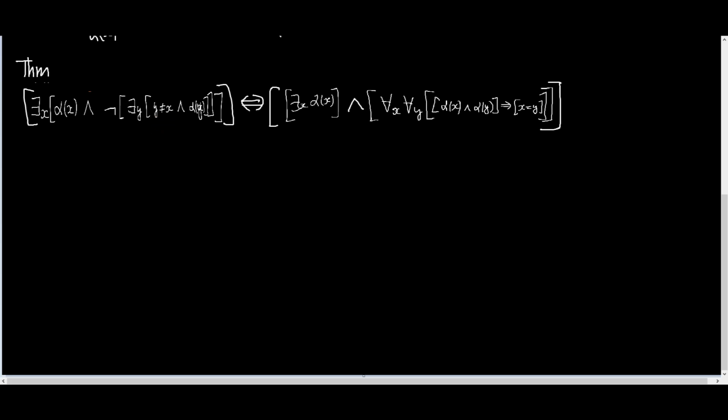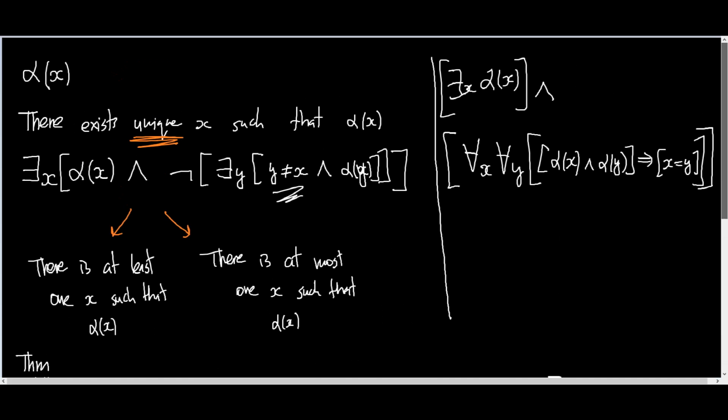Okay, so we had one example of expressing a statement of the kind that occurs quite often when we want to translate English mathematical statements into purely symbolic mathematical statements. And now let's look at another example.